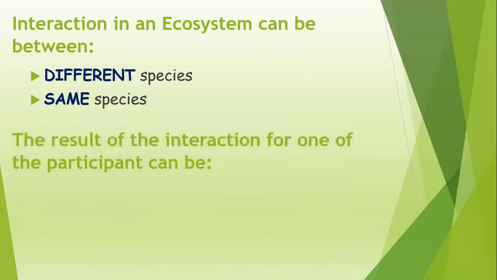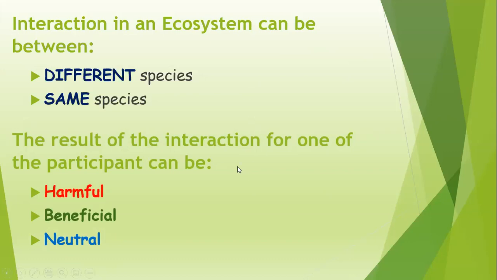And the result of this interaction for one of the participants can be harmful, it can be beneficial, and sometimes the participant doesn't even care about this interaction. Okay? These are the three types of results which can come out of the interaction of any two species.